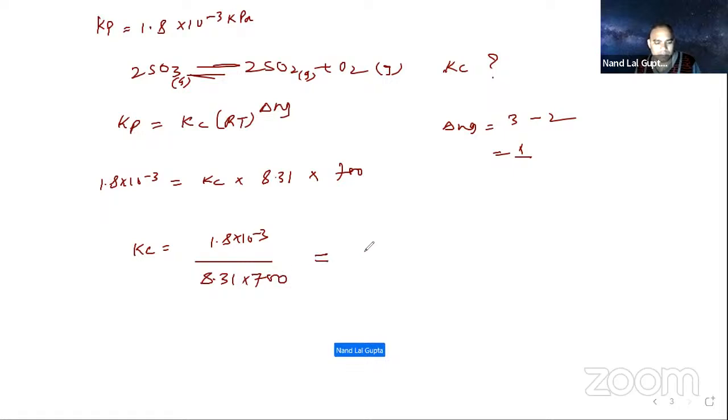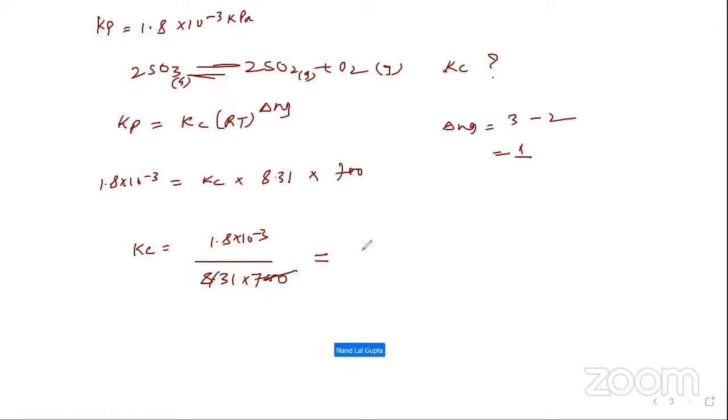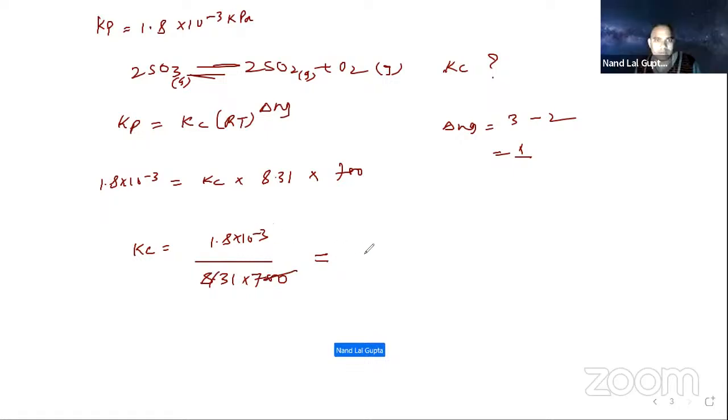If you are solving, let me see this one. With 20, this decimal will be out. So here it is 18 into 10 power minus 4 multiplied by 831 into 7.